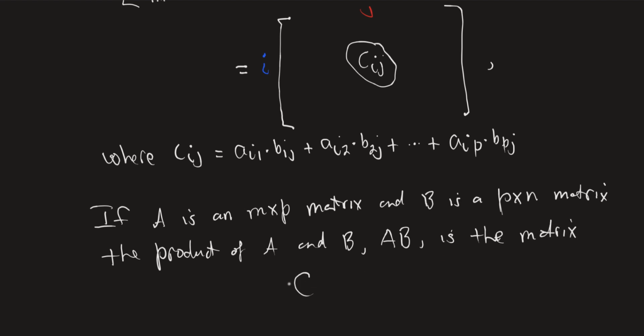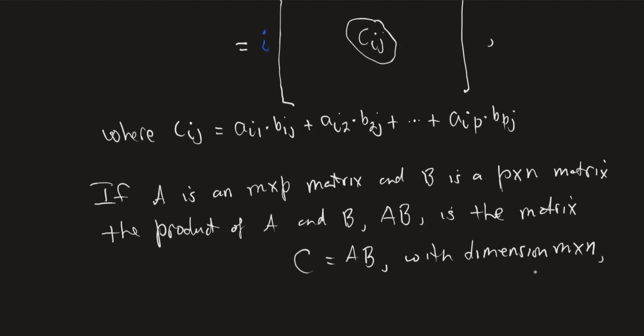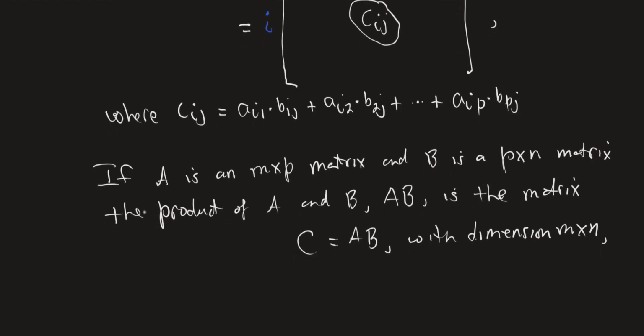So let me write like that. So I'm going to call it C. So when we multiply A and B, we're going to get this matrix. We're going to call it C. And C is going to have this dimension. It is going to be an M by N matrix, right? So C is the matrix AB with dimension M by N and entries defined by this rule.